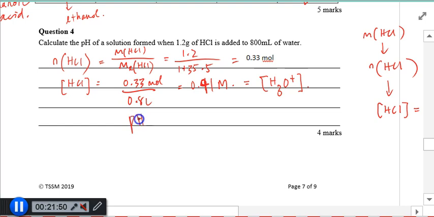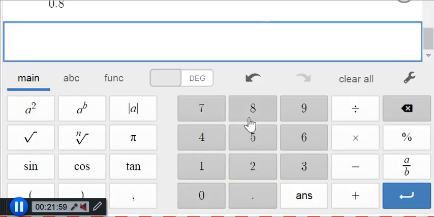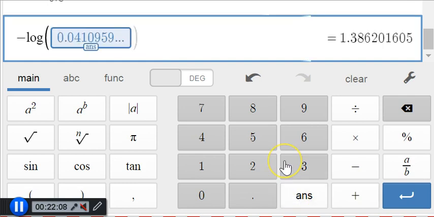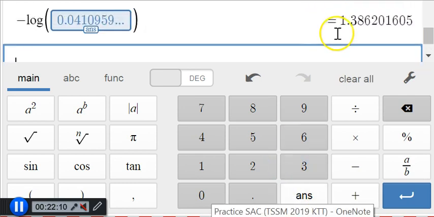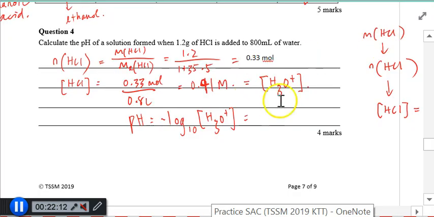And so pH finally is negative log 10 of the hydronium ion concentration. So I can do that too. Negative log 10. I'm just going to go negative log of answer, because I'm pretty sure it defaults to log base 10, so it's a pH of 1.4.